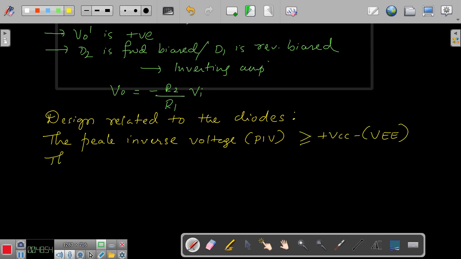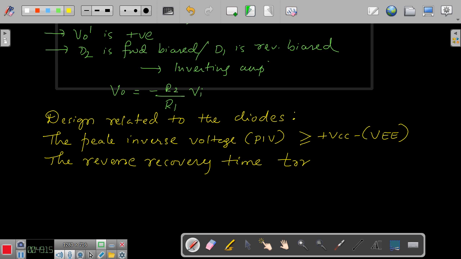And the reverse recovery time, I have already told you about this, TRR, because the diodes should come from the positive conduction state to the blocking state. We should allow certain time for the charge carriers to recombine there.